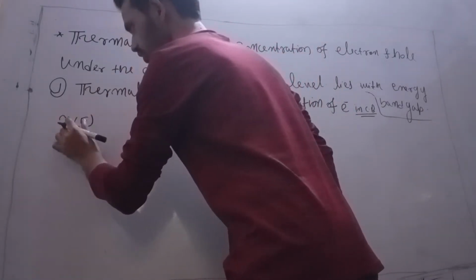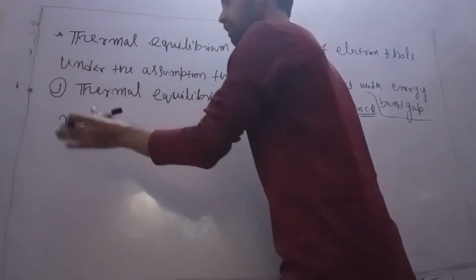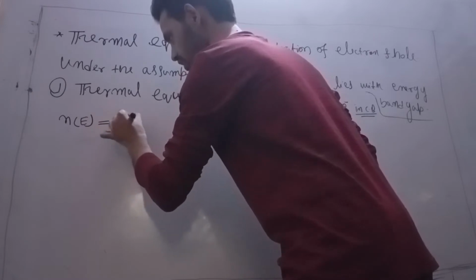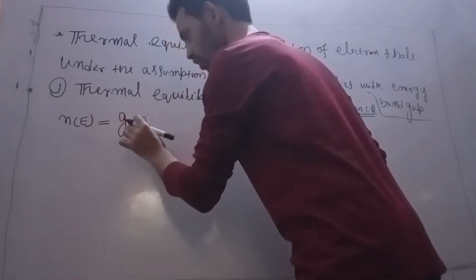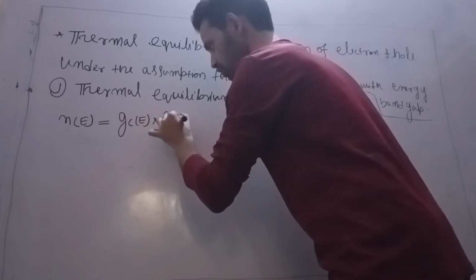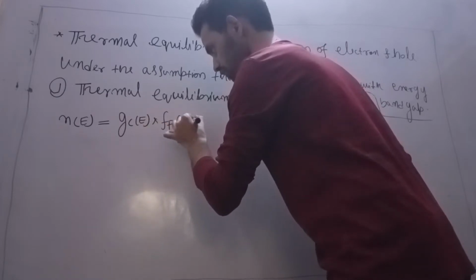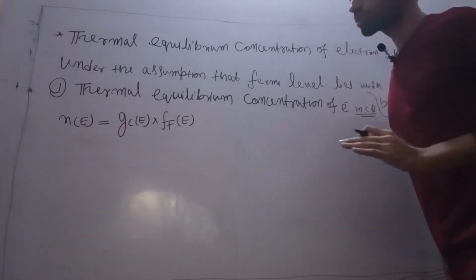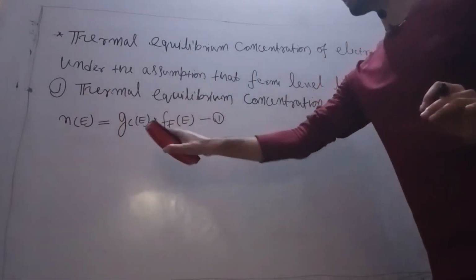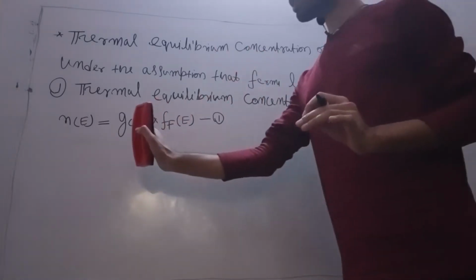This is actually the distribution of electron in conduction band, which is given by the product of the density of state function in conduction band and the Fermi-Dirac distribution function. That is our equation number 1, that we know very well and that we have done in the last class.